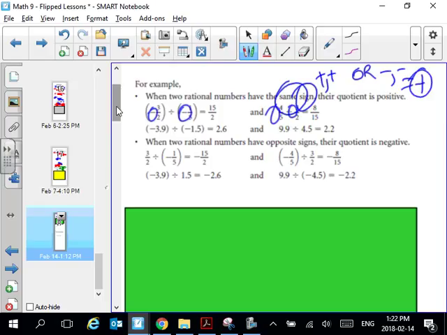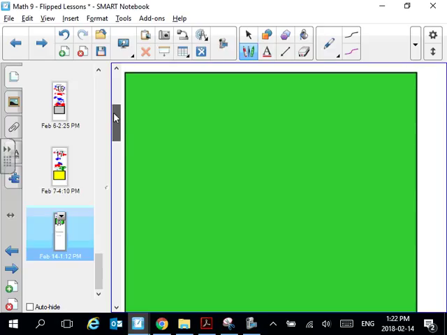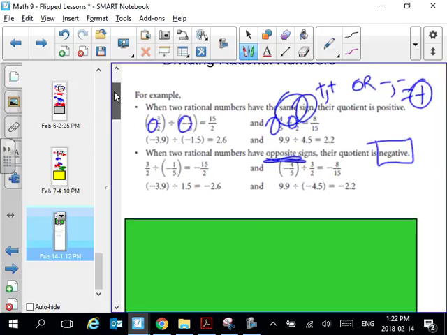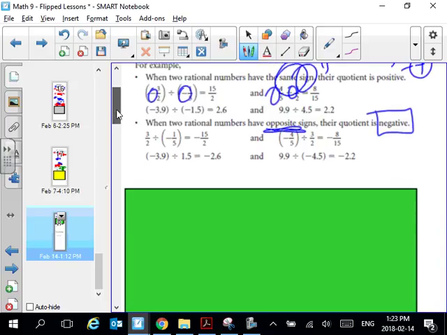When they have opposite signs, so if there's one negative and one positive, they're always going to have a negative outcome. Keep that in mind because it can be trickier to keep track of the negatives through all the steps of writing out the problem or solving the problem.